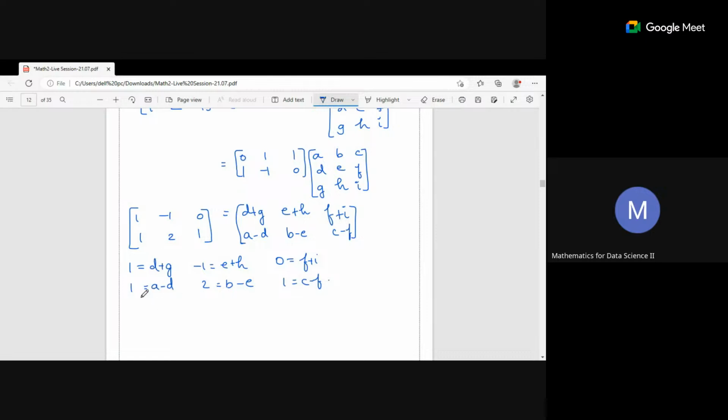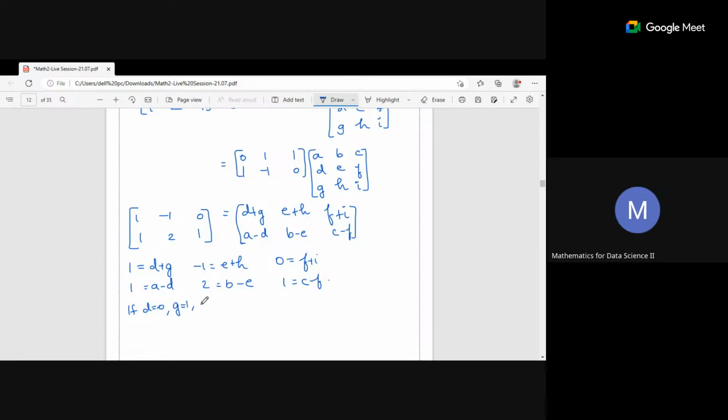So one such solution, maybe you can put one particular number for D, one for E, and one for F, and write the answers. The simplest case, if D is equal to 0, then what is G?